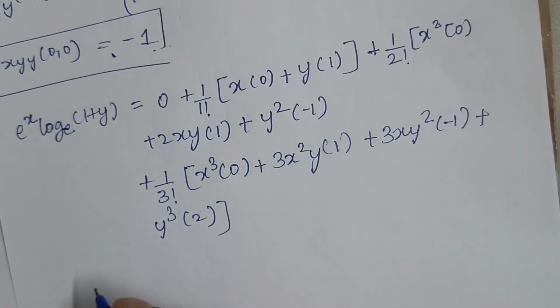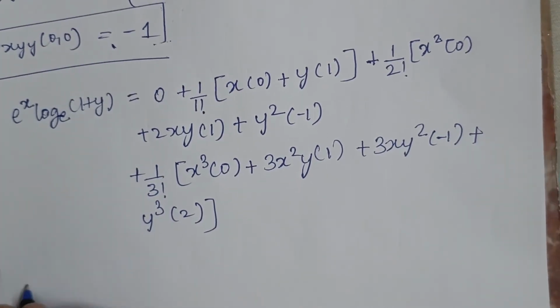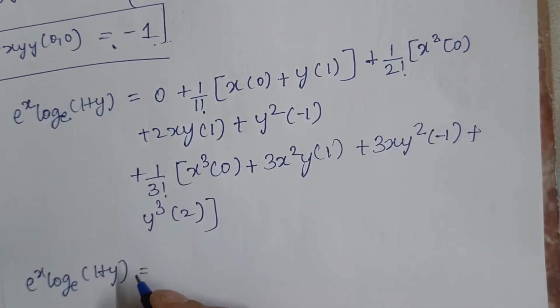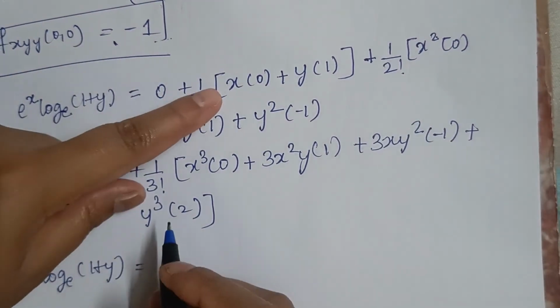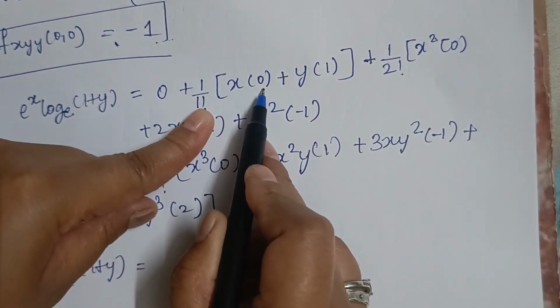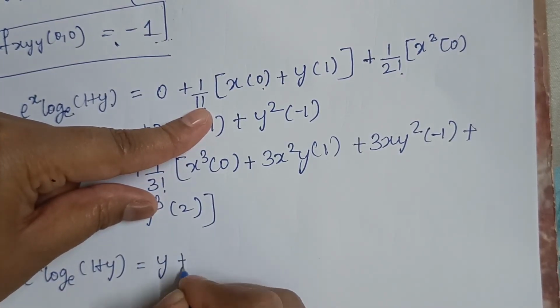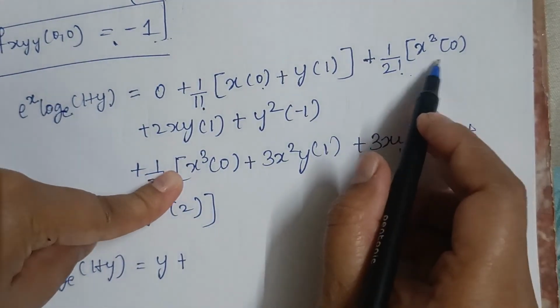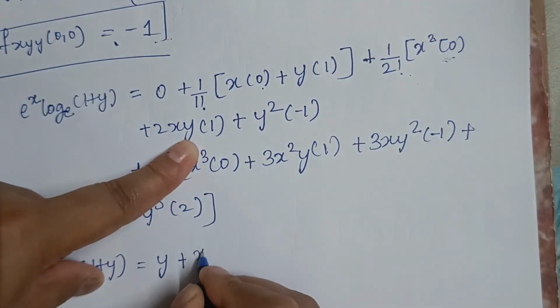And so on it will be. So we are not going to do that. Instead, I'll rewrite this. After simplifying, we will get y, this is 1, this is 0, so y, plus 2 factorial is 2 itself, right? So this is going to be 0. 2xy by 2 is xy only.